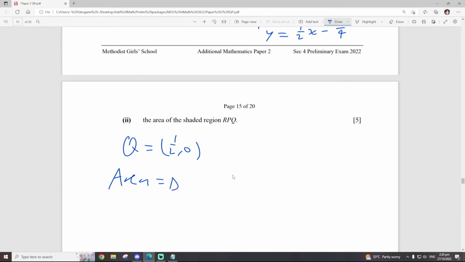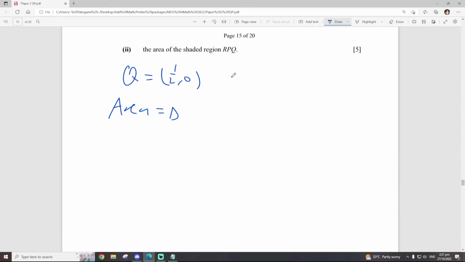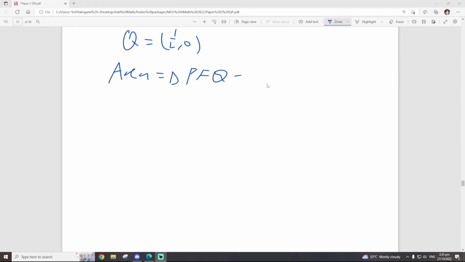So the area is the triangle PFQ, where P is 9 over 2, minus the integral from 19 over 6 to 9 over 2 of 3 minus 4 over 2x minus 5 dx.